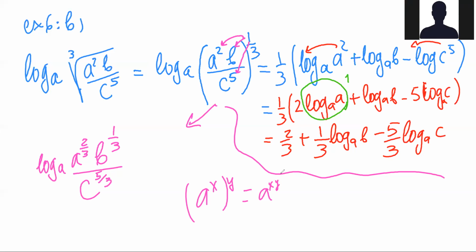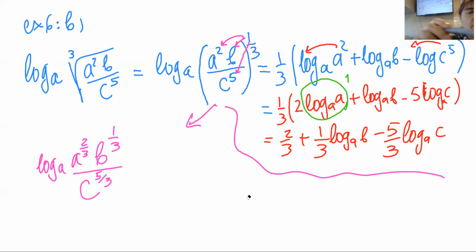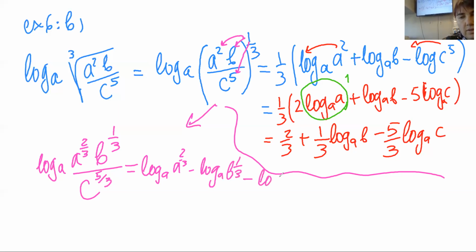The first one is easier, but if you do it this way, you can just split it now and you're going to have log a 2 over 3 plus log b 1 over 3 minus log c. And then take the exponents out, and you're going to get the same thing we got.